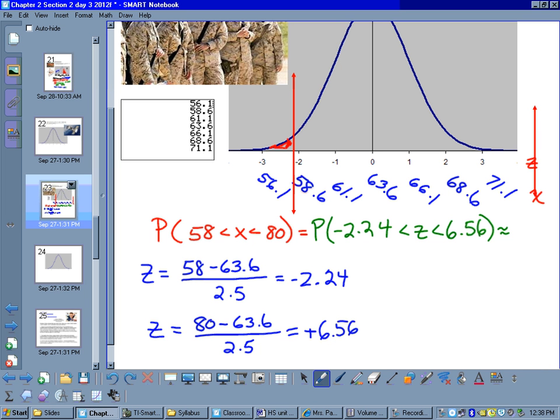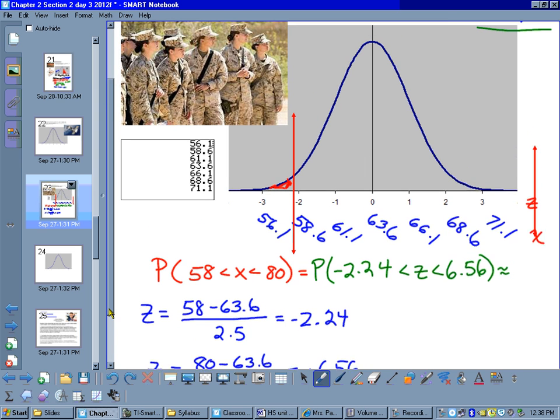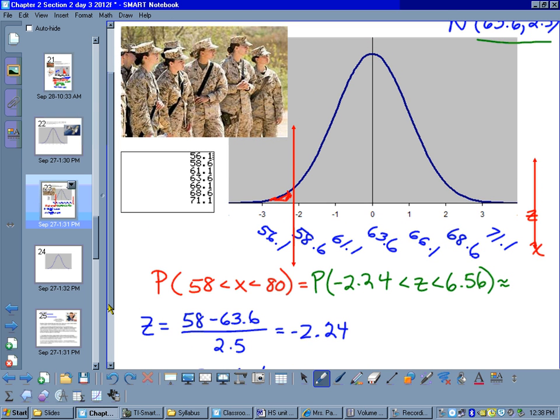So our guess should be close to greater than 97.5, because this is almost at 2 standard deviations. So we're really trying to find the striped area. So my guess is it's going to be bigger than 97.5.